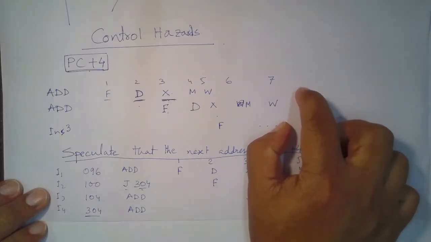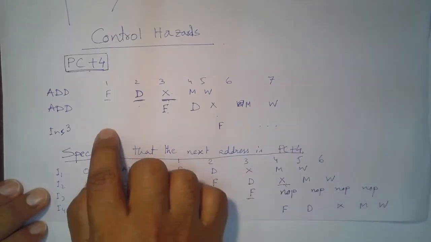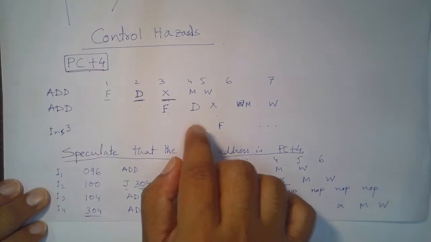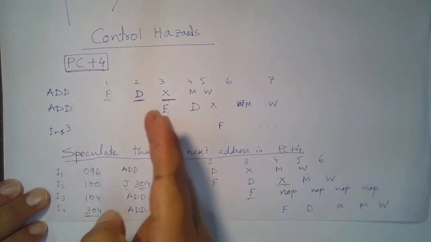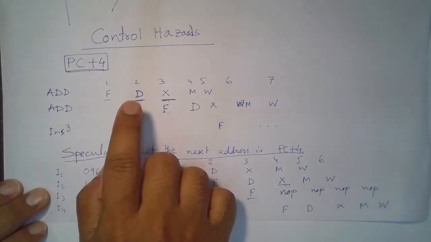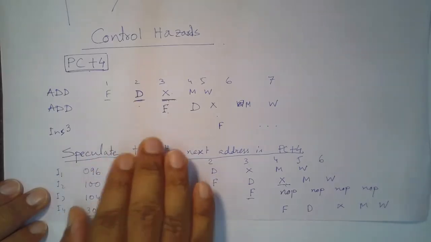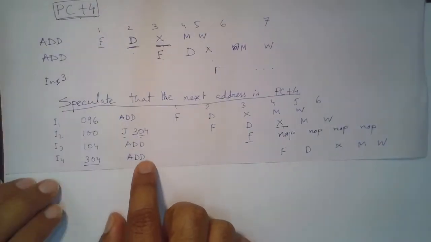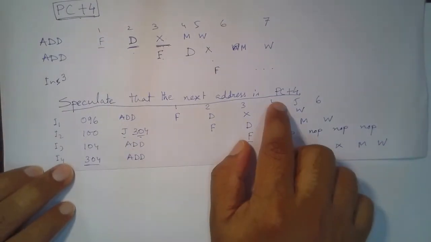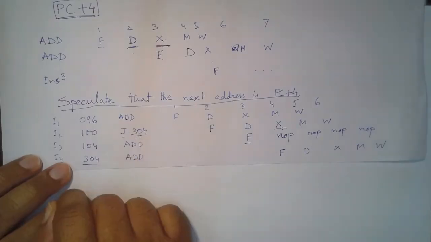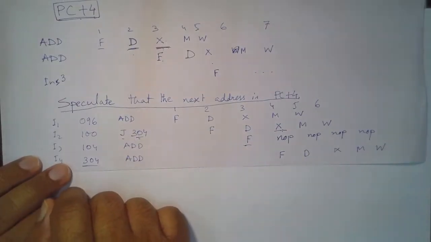Basically your CPI becomes double what you could actually achieve with a new instruction pushed into the pipeline in every cycle. So to avoid that, we speculate that the next instruction needs to be fetched from PC plus 4, and with this speculation we push things in the pipeline.